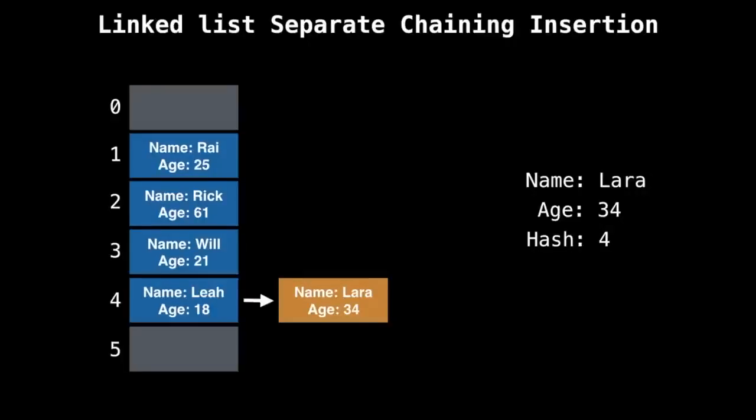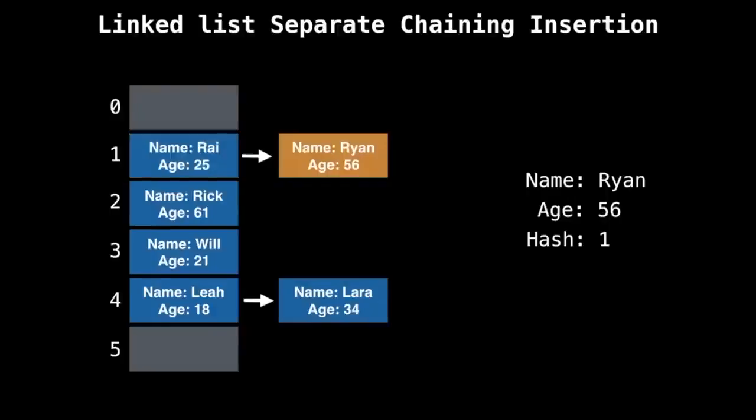So we're going to scan through the linked list and see if Lara exists, and if Lara does not exist, then we're going to add Lara at the very end of the chain. Okay, so Ryan also hashed to 1, but then we look and Ryan is not equal to Ray, so we need to add a new entry at position 1.